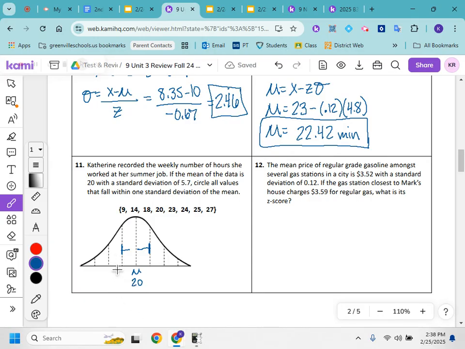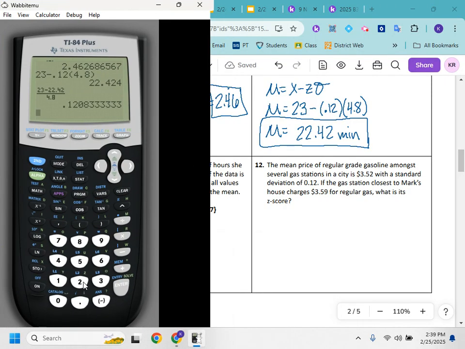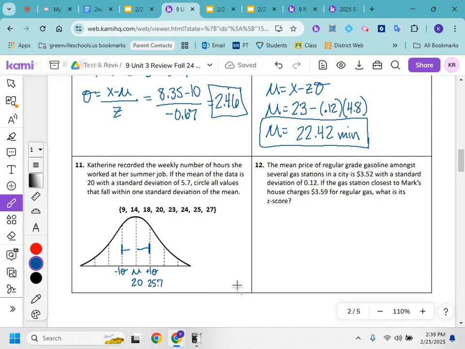If I add one standard deviation, that is one standard deviation from the mean. So I'm adding 5.7, so that'd be 25.7. And I'm subtracting 5.7, that's 14.3. So we're looking for numbers in between these two.